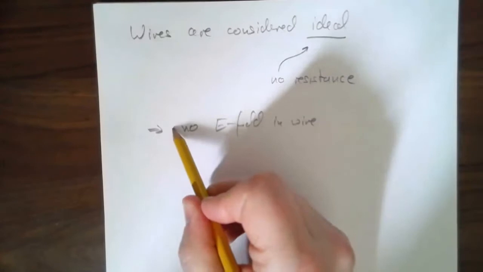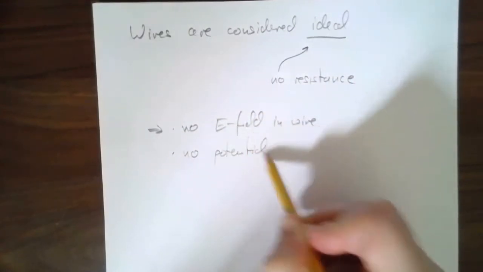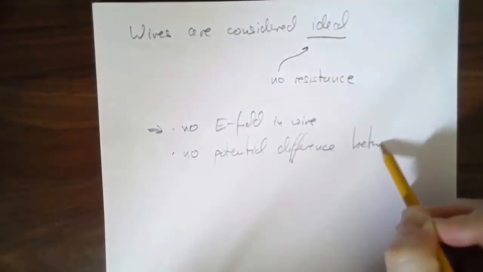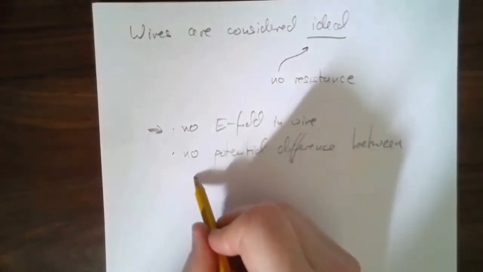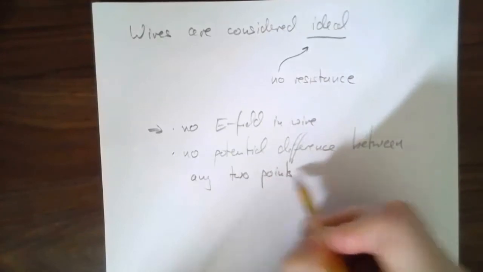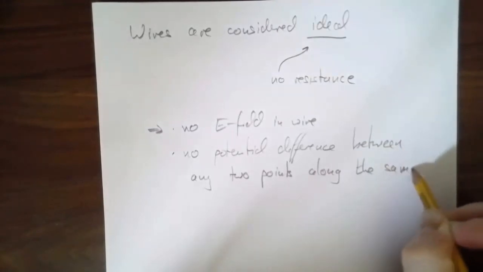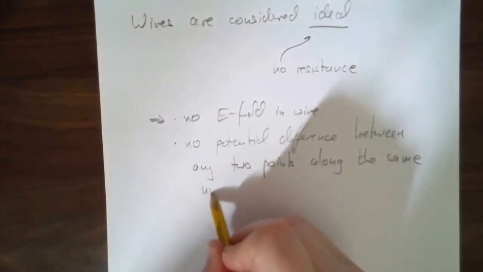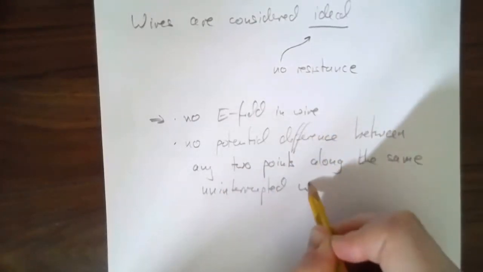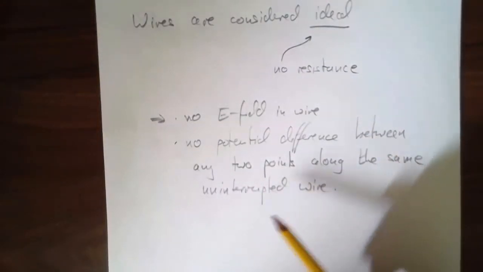No electric field in the wire, and so no potential difference between any 2 points along the same wire. I'm going to be a bit more explicit: the same uninterrupted wire. When I mean uninterrupted, I mean you don't have a light bulb in the way. If you have a light bulb in the way, it's no longer true, right?